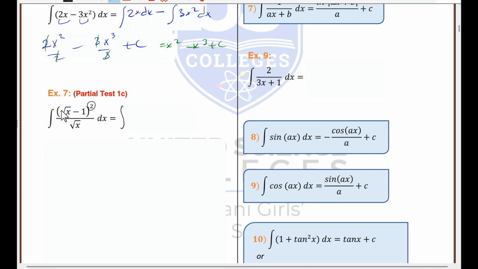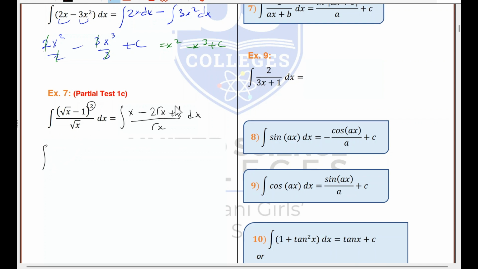Square of the first one, which is x, minus 2 times first one times second one, plus square of the second one, over square root of x dx. Now, I can either do this like in the previous question, separating each term one by one, or I can do this under the same integral. Let me do this under the same integral symbol.